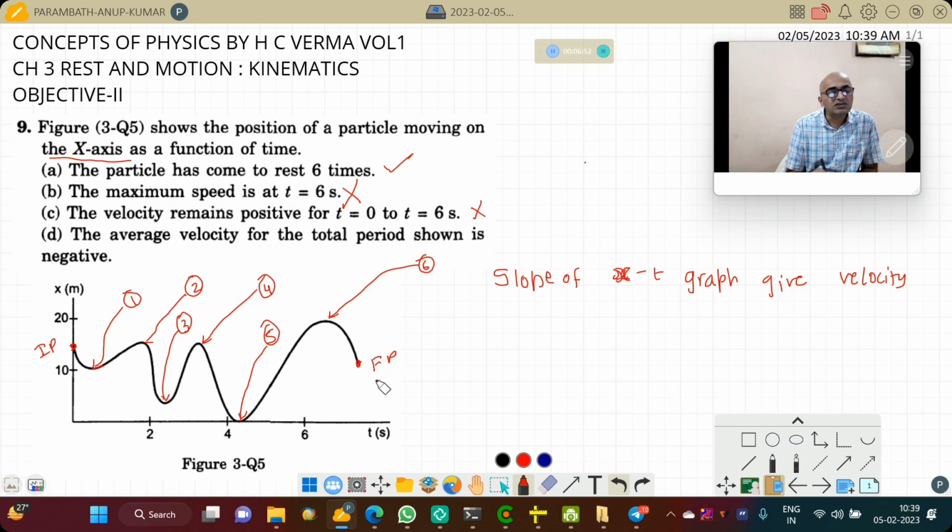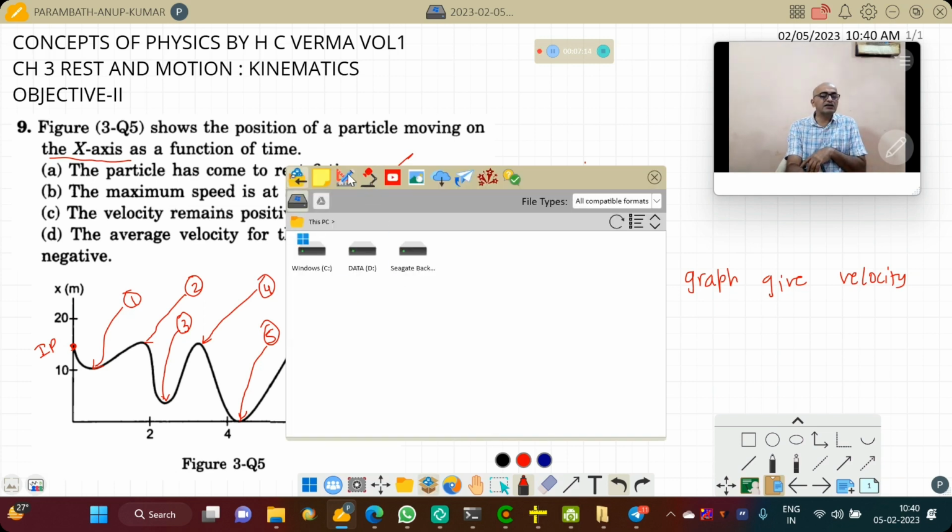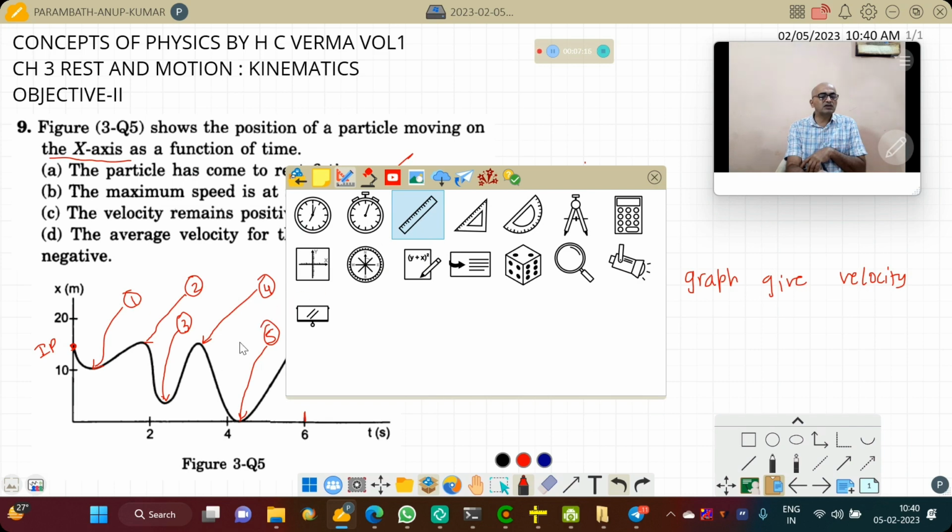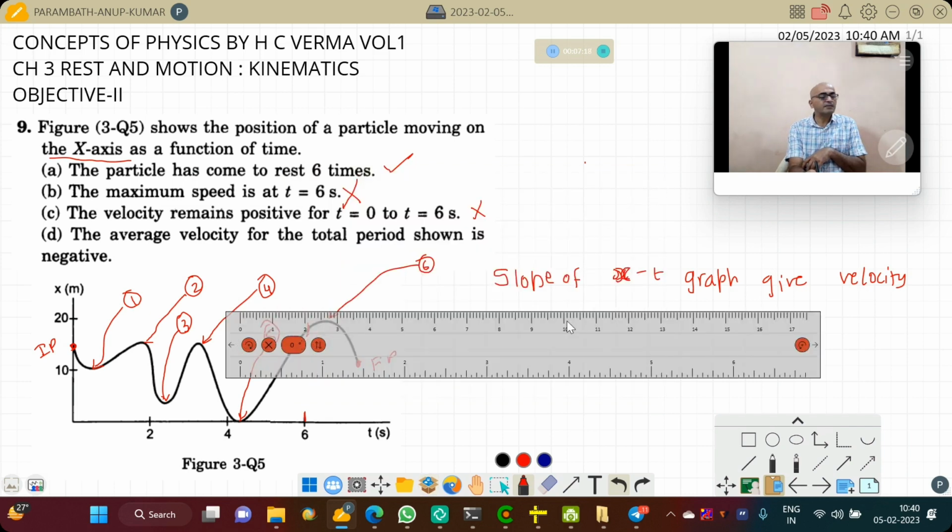Final position. See students, HC Verma says only in the book, we are finding only A to be correct. Please understand. If you are considering that location as only this interval, the sixth interval, then it is true. How? I will take a scale and show you this. For example, this is my ruler here.